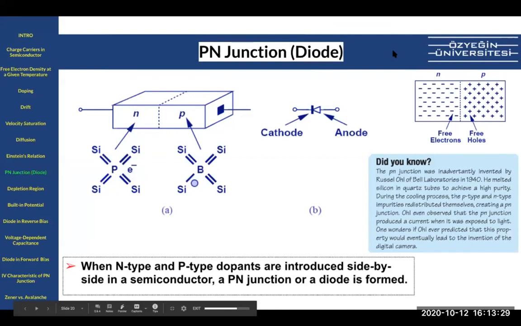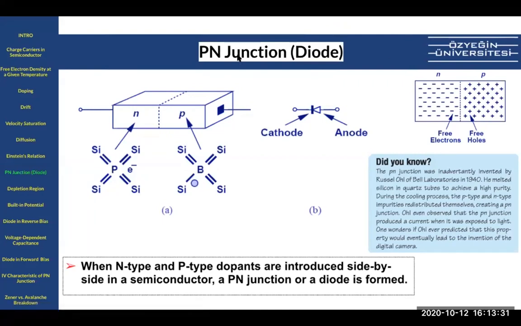Okay, we talked about the p-n junctions when we first started the chapter. So p-n junction is at the heart of the electronics, as we mentioned. And what's a p-n junction? A p-n junction is a semiconductor, and it is doped in different ways.